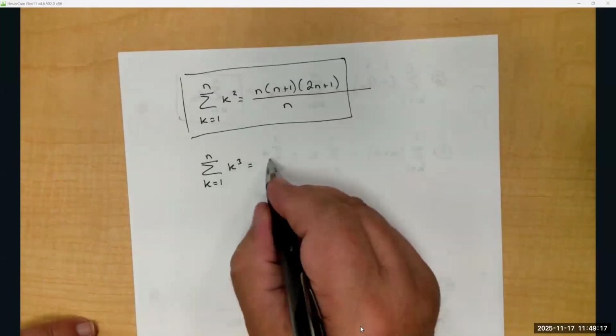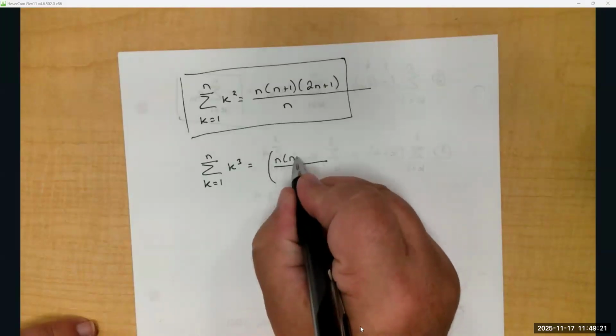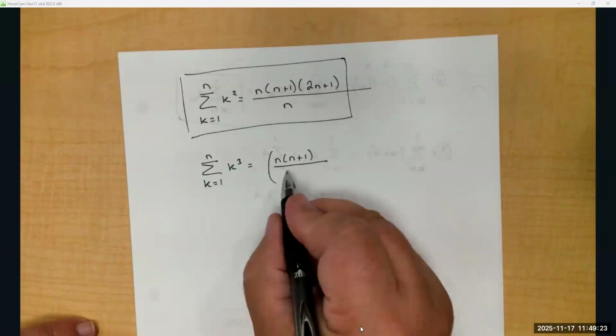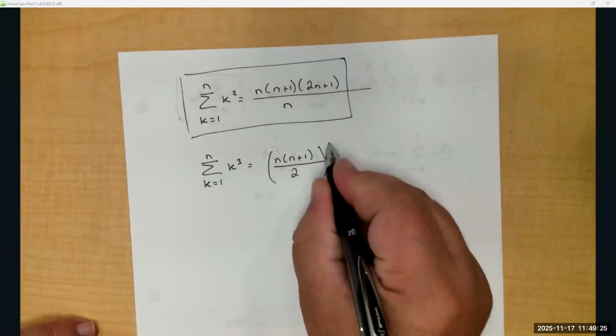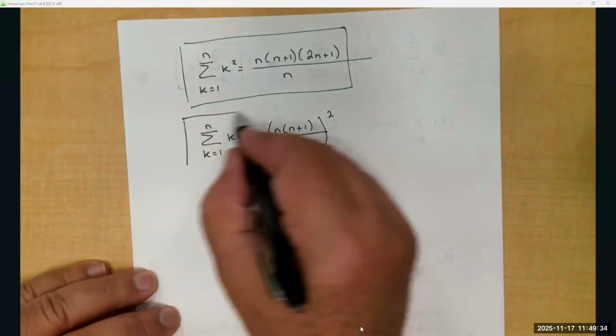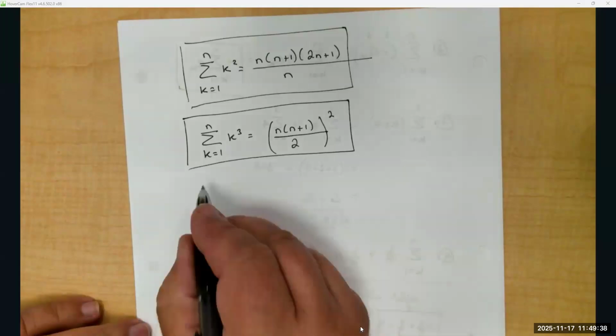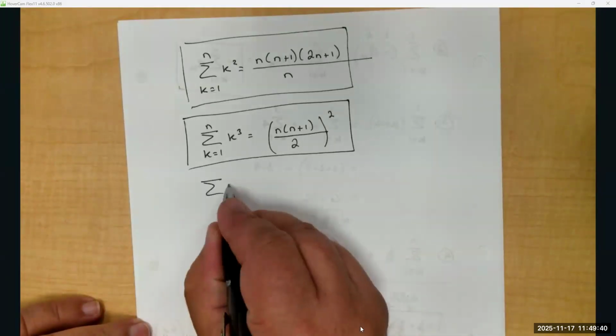And k cubed is n plus 1 over 2 squared. Put the last one on here also.